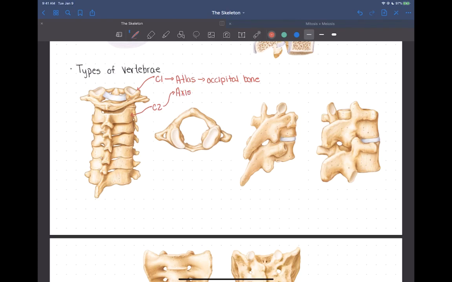Okay. All right. And so the axis is called that because it has this little part, and you can see it here. All right. So if this is our axis vertebrae, all right, it actually has this little part that sticks up. All right. That is the axis, right? So it has this little nub sticking up. And what happens is that this C1 can rotate left to right, right?